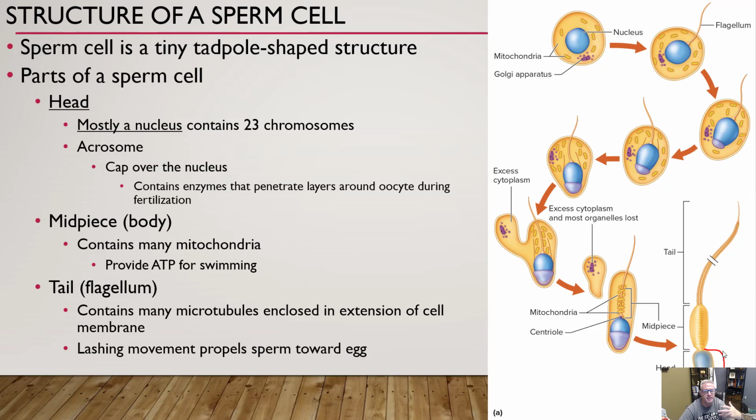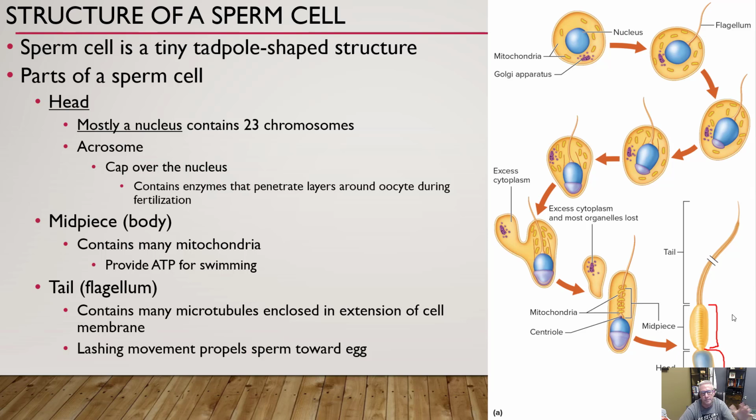It has a bunch of enzymes that are able to penetrate the layer of the oocyte during fertilization. And prior to fertilization, that head is going to have to be disintegrated so that the chromosomes can unite with the egg. There's also a mid piece of the sperm that contains a lot of mitochondria.